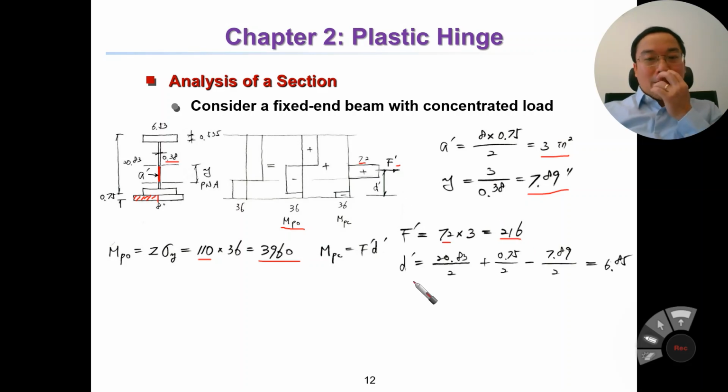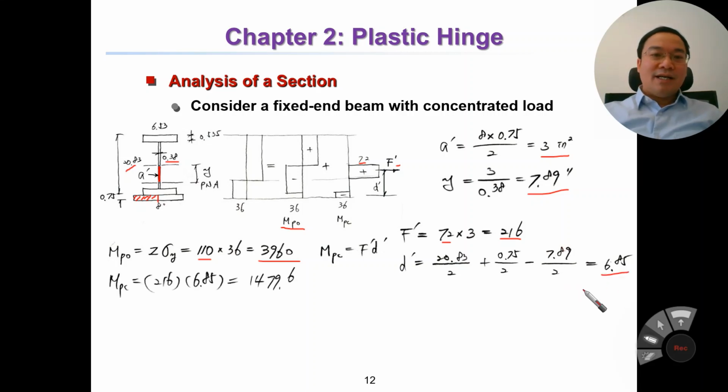And d prime, what is d prime? d prime equal to this one: 20.82 divided by 2 plus 0.75 divided by 2 minus 7.89 divided by 2, then finally equal to this one.